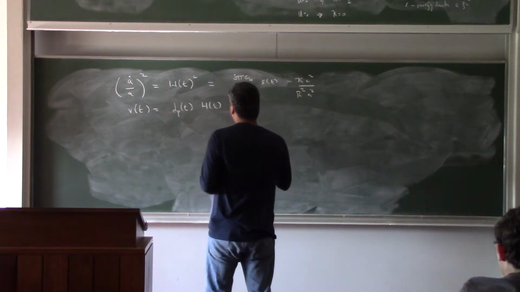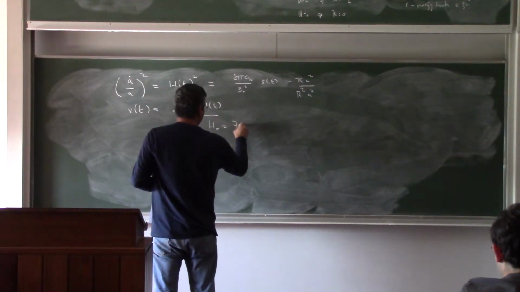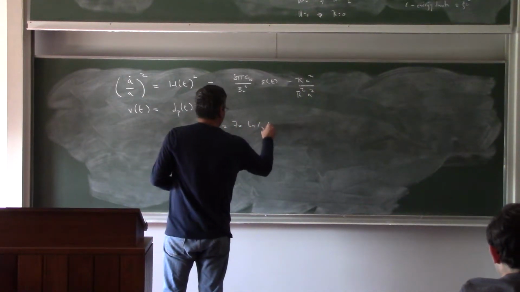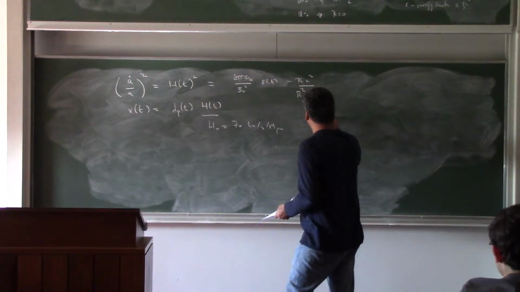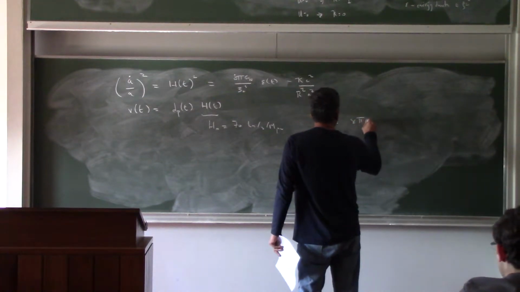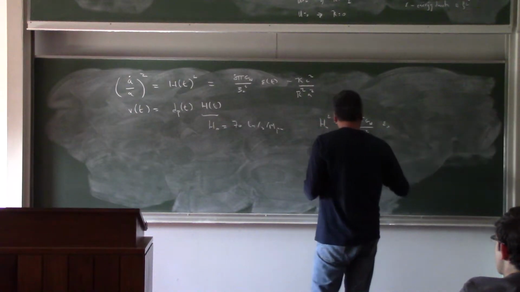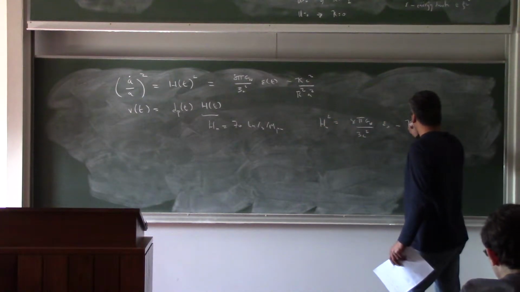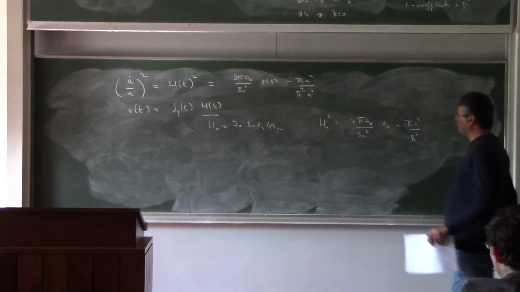And H0, the Hubble constant today, is about 70 kilometers per second per megaparsec. So H0 squared is equal to 8 pi G Newton over 3c squared epsilon 0 minus kappa c squared over R squared.